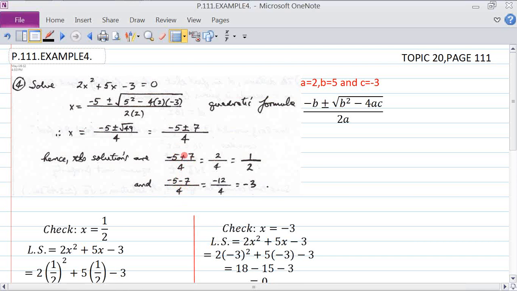So minus 5 plus 7 over 4 gives us plus 2 over 4, which reduces to 1 over 2. And minus 5 minus 7 over 4 becomes minus 12 over 4, which is minus 3. So we have two solutions, a half and minus 3.